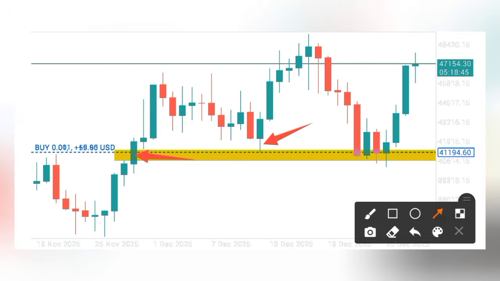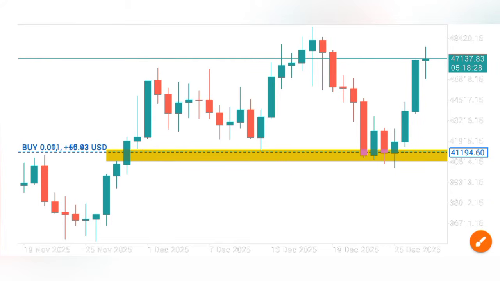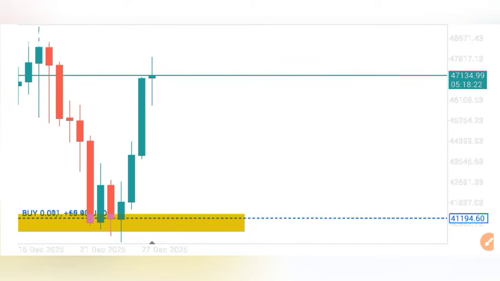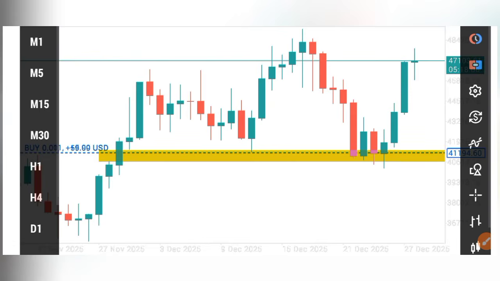You have to wait until price taps the lower part of your zone. At least it should go below halfway. If you divide this rectangle into 2, the lower part is where price should come in. I'm just going to draw another rectangle to show you what I'm explaining.